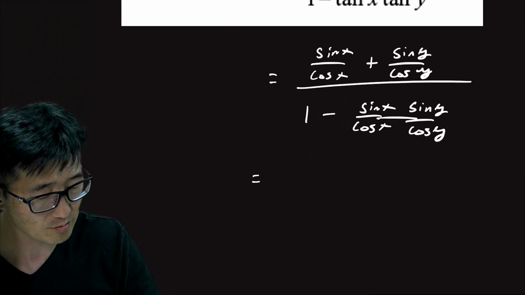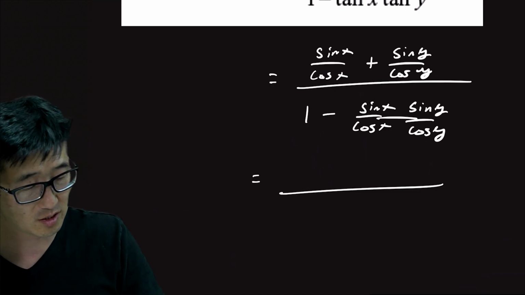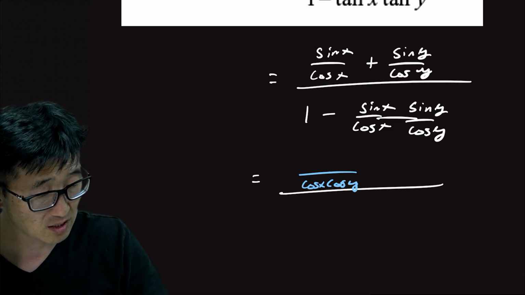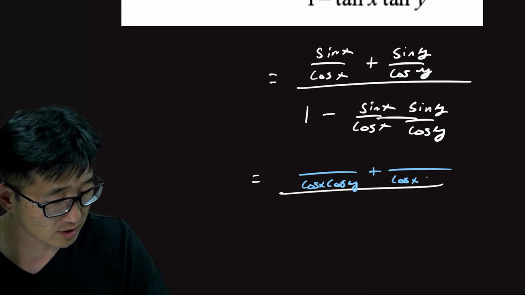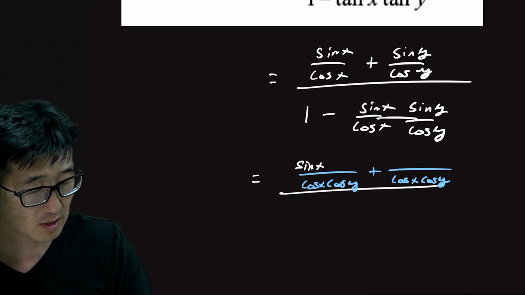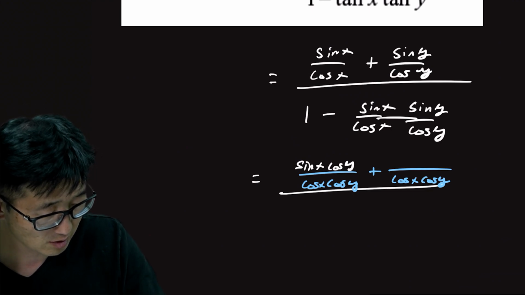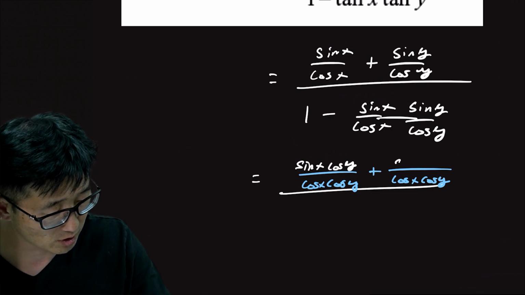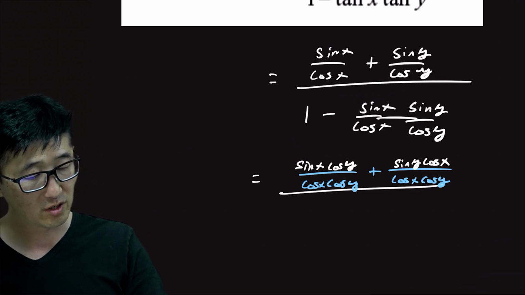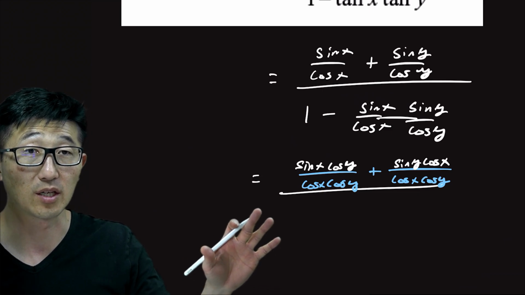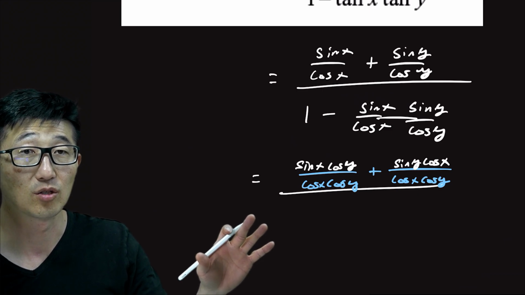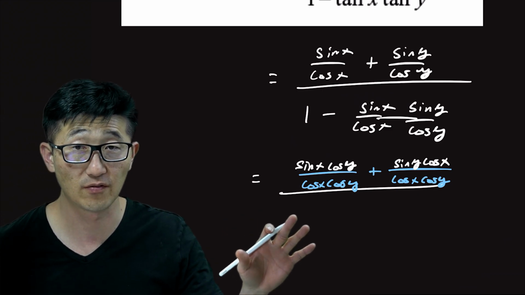The denominator is cosine of x cosine of y plus cosine of x cosine of y, and the numerator will become sine x cosine y, and then this will become sine y cosine of x. Is that okay? I just got common denominators and made it into equivalent fractions. Let me know if anything's confusing here.